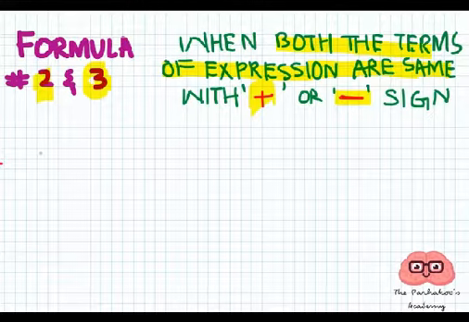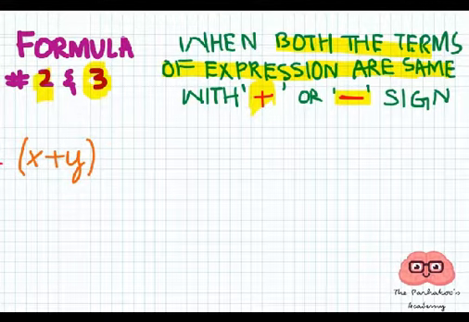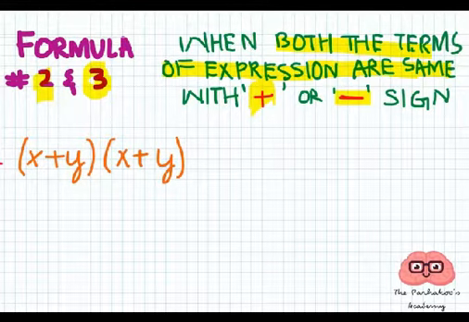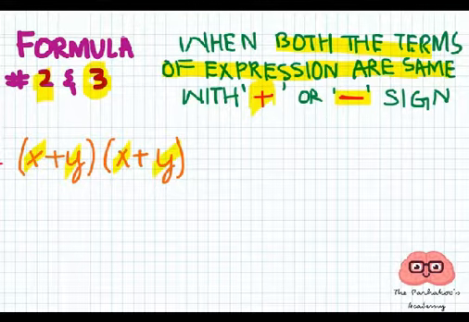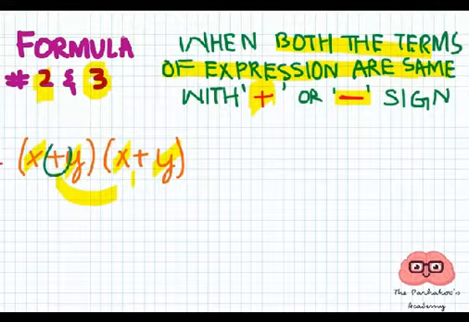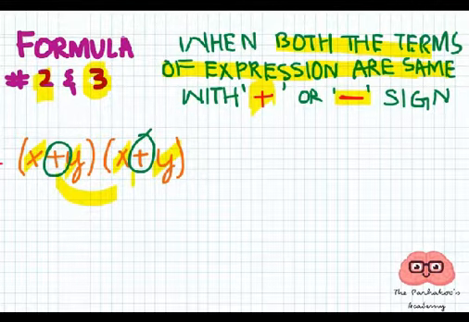So for example, if you have x plus y, here if you see both the terms are the same, x and x in both the brackets, or in both the expressions, and in the middle of it we have a plus sign.